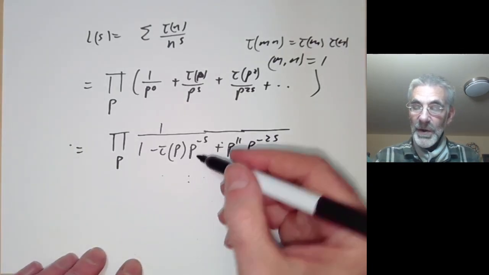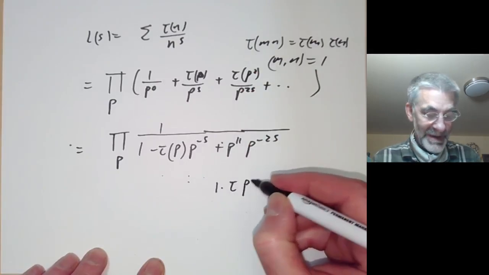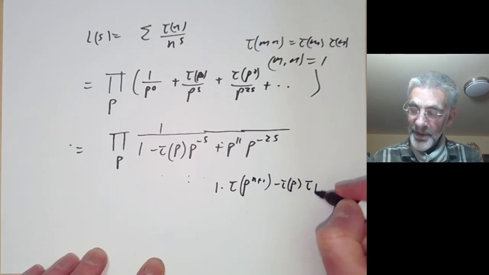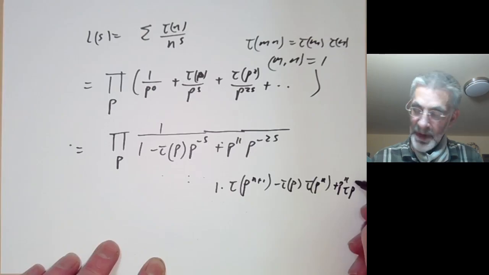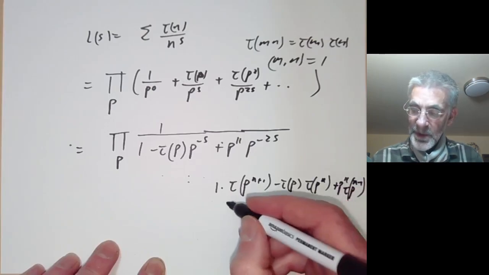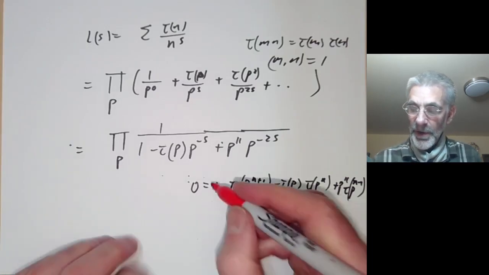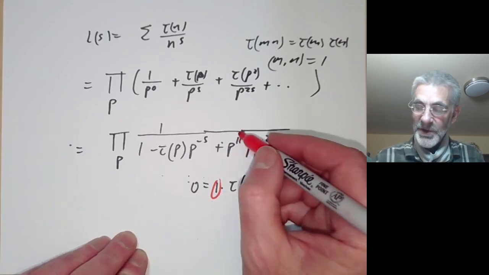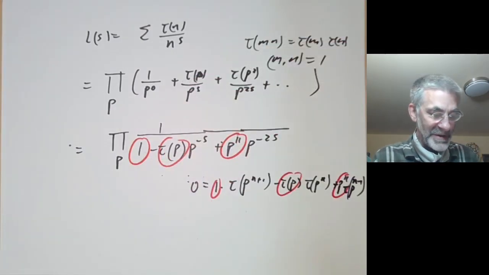So you see the equality of these two just follows from the fact that 1 times tau of p to the n plus 1, minus tau of p times tau of p to the n, plus p to the 11 times tau of p to the n minus 1, is equal to 0. And you see the numbers 1 and tau of p and p to the 11 appearing in this recursion relation are exactly these coefficients here, which is what you need to show that these two expressions are the same.